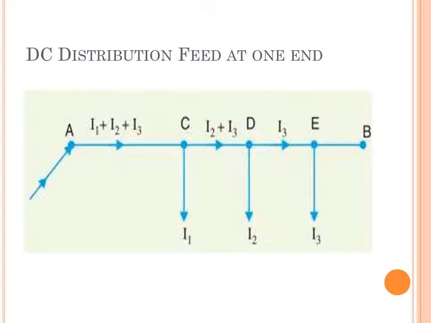The major drawback in the system is, as we go from A to B, C will possess a good voltage profile, whereas for D and E it will decrease. The potential across D and E will decrease due to the voltage drops of the currents flowing to the loads.